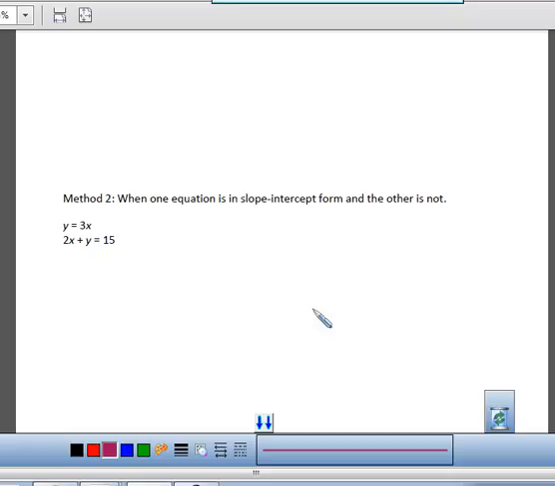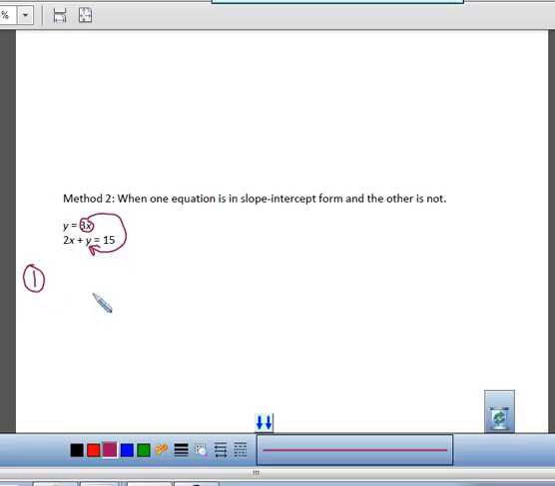When one equation is in slope-intercept form and the other is not. One is in y equals mx plus b form, that's the first one. The other is not, but we still have this situation where y is equal to something. It's equal to this, so I can plug this in for y. It's still going to be 5 steps.